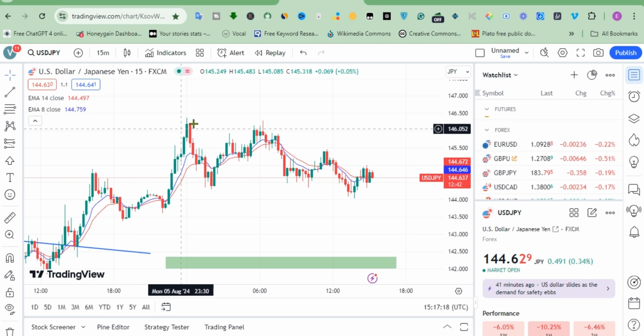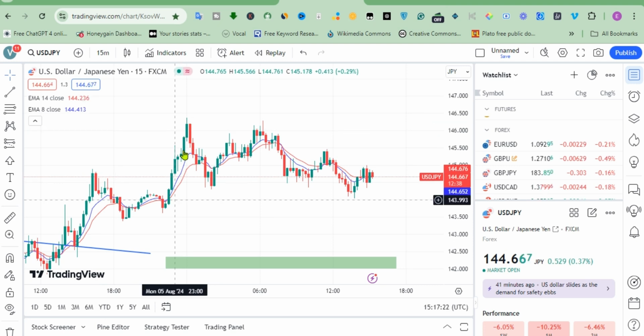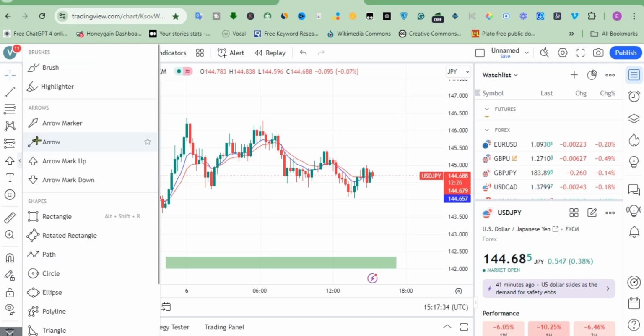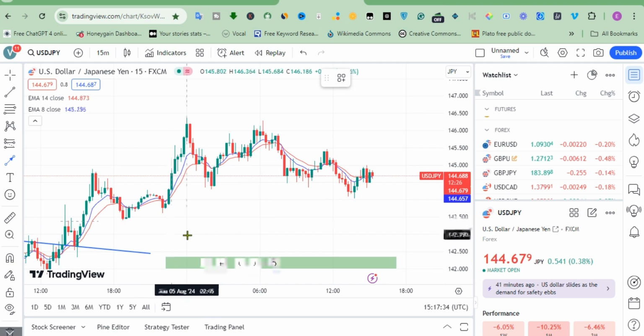Look at the market. These are candlesticks, but we are now looking at the movement of these candlesticks. These are price movements. The price is going up and down, up and down. You see, in Forex, the price can never go straight on a straight line.